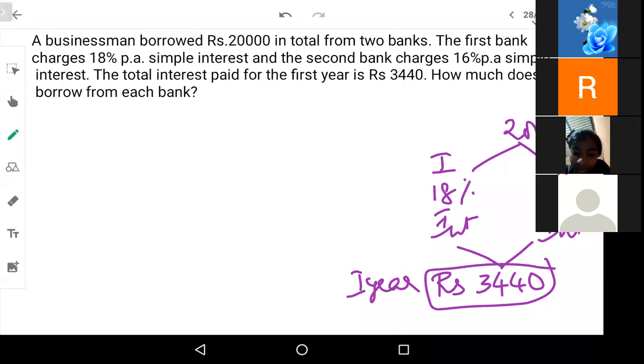Now we are supposed to calculate how much is borrowed from bank number 1 and bank number 2. So that is the question. Did you all understand the question?